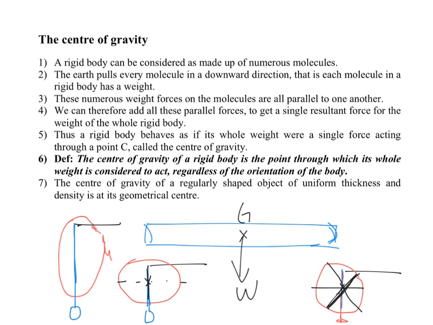It's exactly in the middle. If it's a non-uniform object, let's say this side is heavier and this side is lighter, then the center of gravity will shift towards the heavier side. You understand? So all this is your basic.